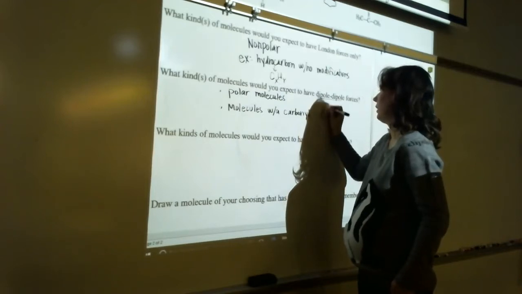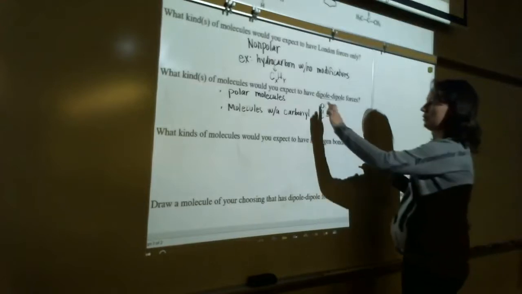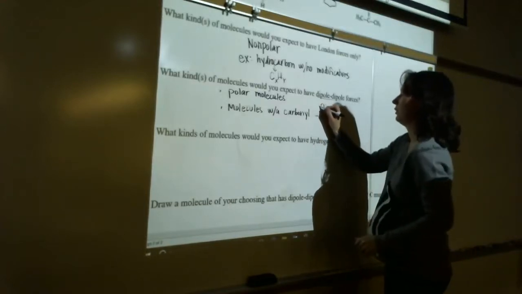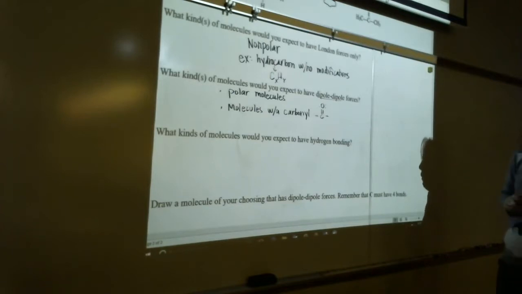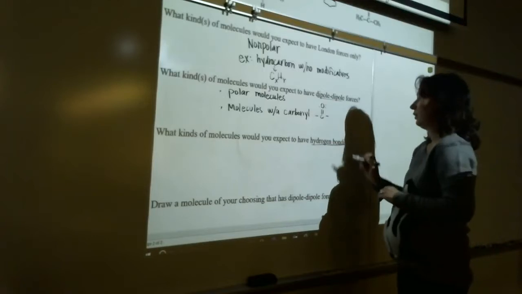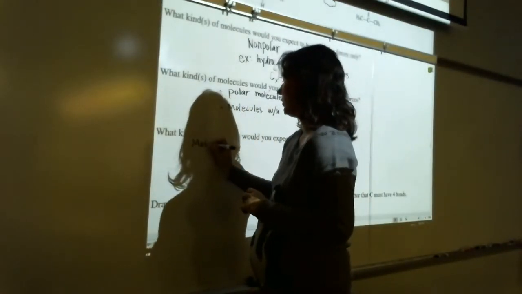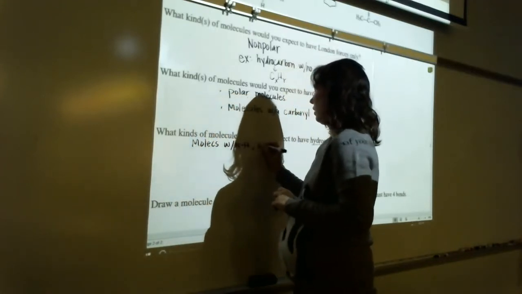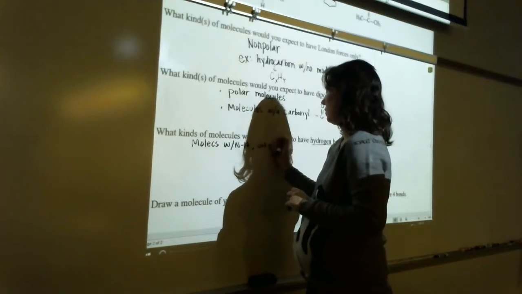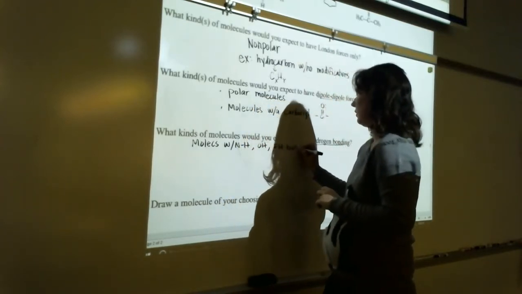So C double bond O, that's 2 dots on the side. And what kinds of molecules would you expect to have hydrogen bonding? This would be molecules with NH, OH, or FH bonds.